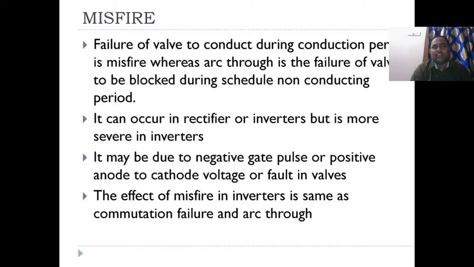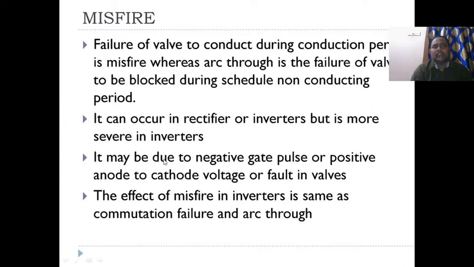Whereas arc through is the failure of a valve to be blocked during the scheduled non-conducting period. It can occur in a rectifier or an inverter, but is more severe in inverters. Normally misfire is common in both rectifiers as well as inverters, but is most common in inverters.